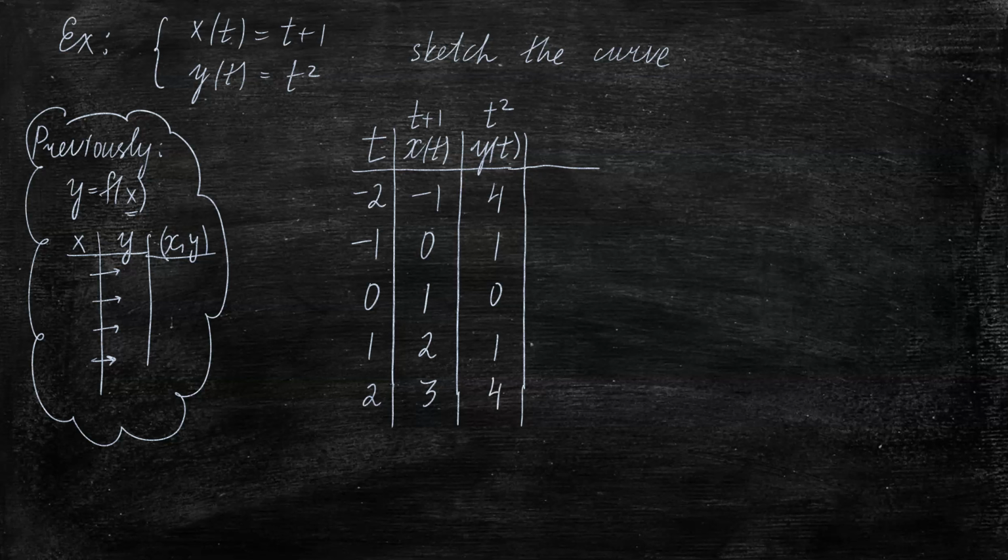So as a result, what do we have? For each value of t, we have a point on the xy plane. So when t equals -2, we have the point -1, 4. When t equals -1, we have the point 0, 1, and so on.